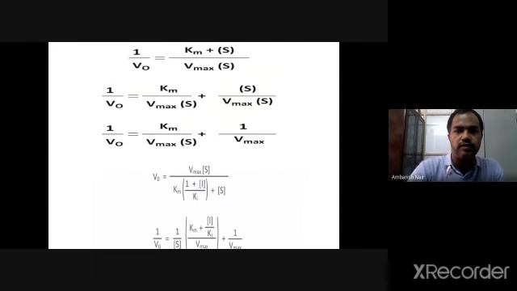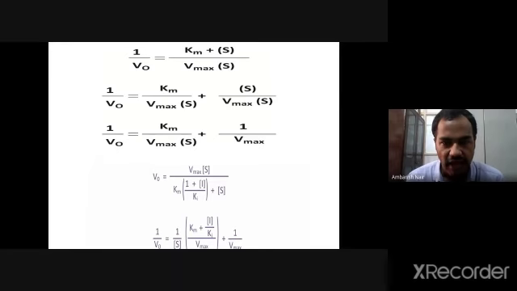So next we'll move further. Now what you want to do here? Do me a favor. Take one small paper and write the Michaelis-Menten equation. All of you who are listening to my class, write the Michaelis-Menten equation.